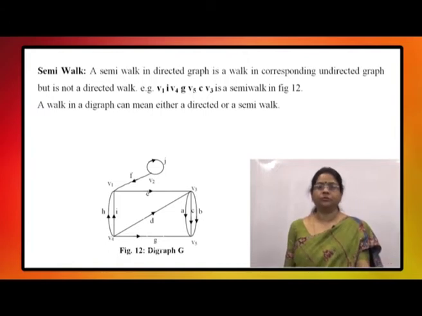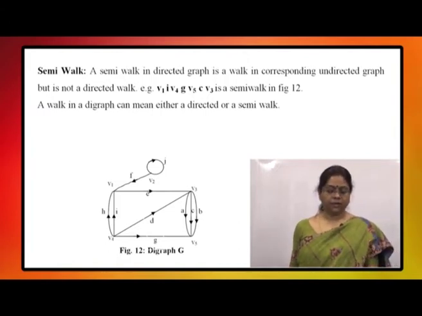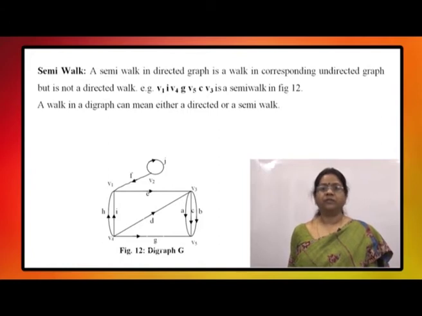I goes from V4 to V1, but in this walk it should be from V1 to V4. So this is not a directed walk. G goes from V4 to V5, this is right here, but C goes from V3 to V5, where it should be from V5 to V3. So this is a semi-walk here, not a directed walk.